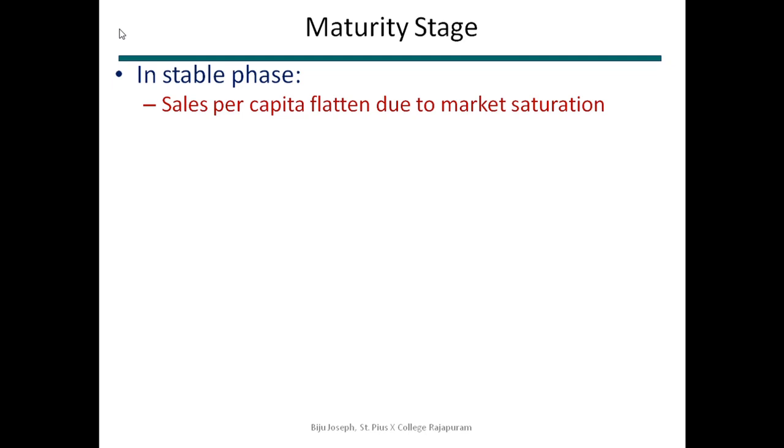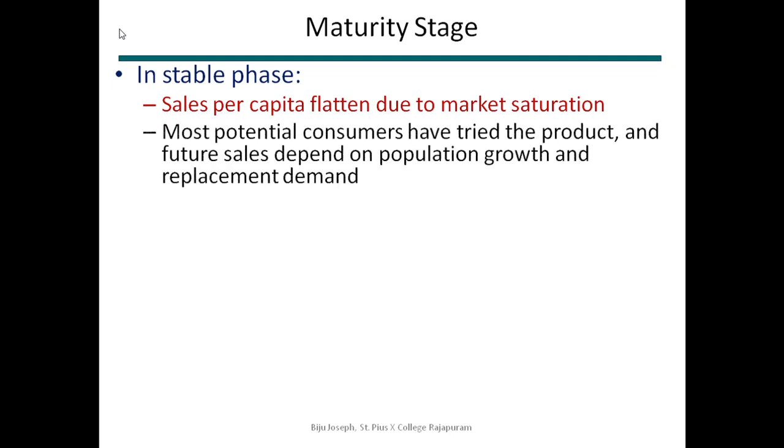There is no new demand, so the sales per capita flatten due to market saturation. Most potential consumers have tried the product, and future sales depend on population growth and replacement demand.